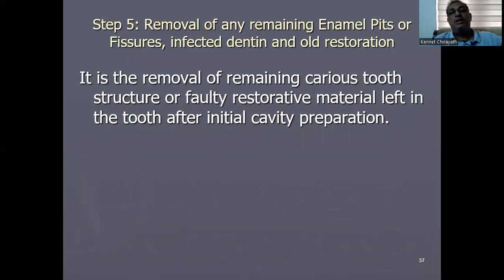Now comes the fifth step, that is, final tooth preparation. It is the removal of any remaining enamel pit or fissure, infected dentine and old restoration, that is, remaining caries, tooth structure or faulty restorative material left in the tooth after initial cavity preparation.